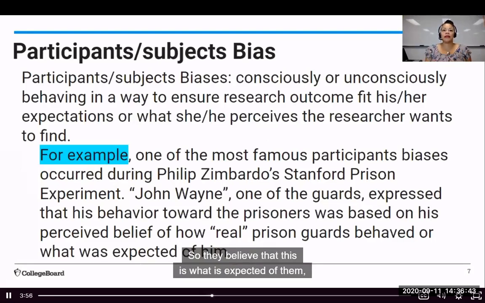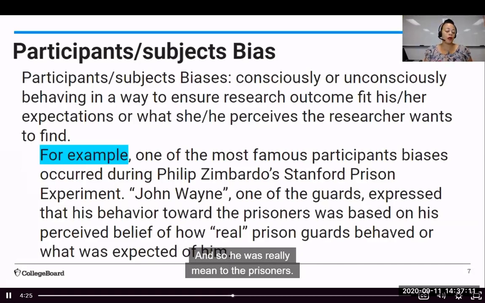So they believe that this is what is expected of them, and so they act in a certain way. One of the most famous studies that I can think of is by Philip Zimbardo, who did the Stanford Prison Experiment at Stanford University. There was one particular participant whose chosen guard name was John Wayne, and he behaved like how he thought guards would react.